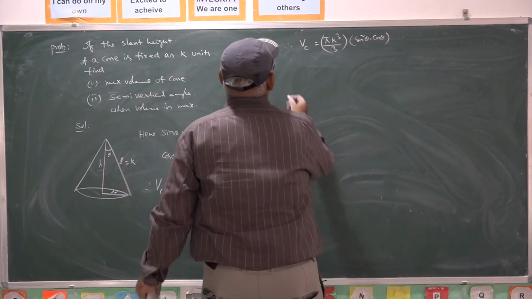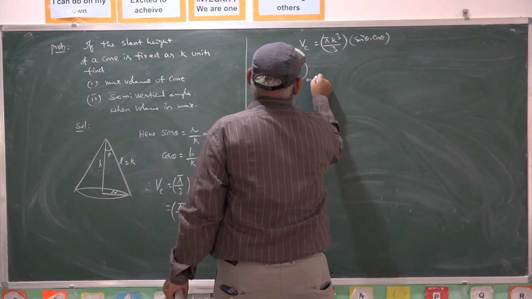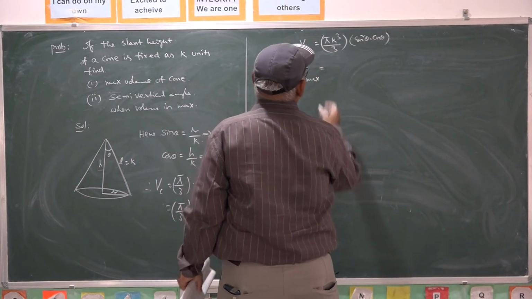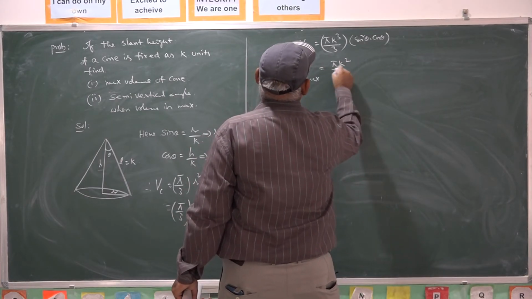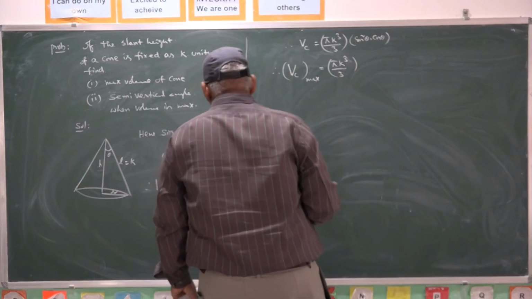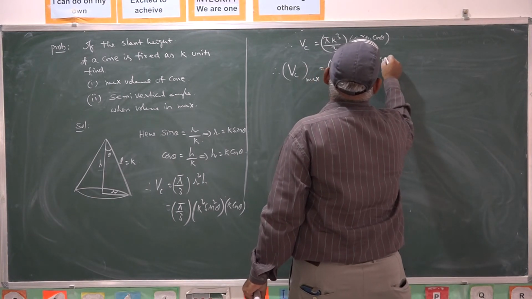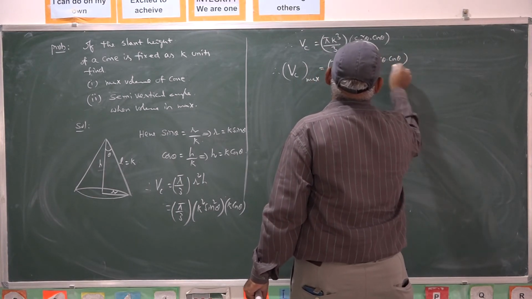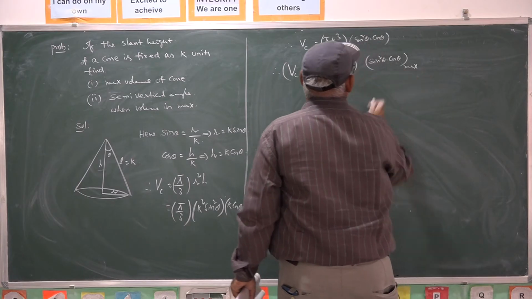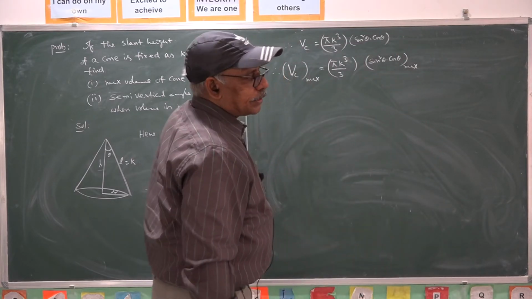Hence Vc maximum equals pi K cube by 3 into the maximum of sin square theta cos theta.